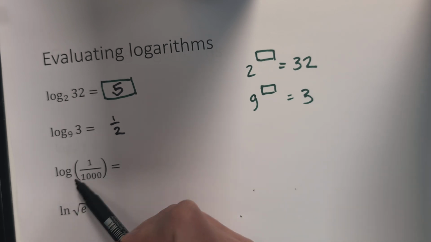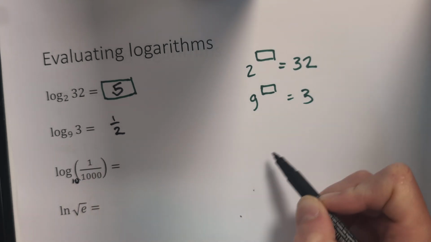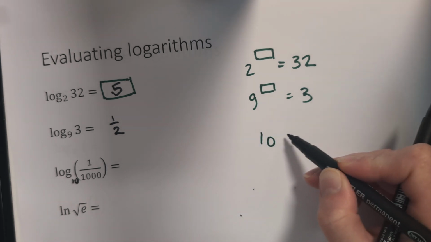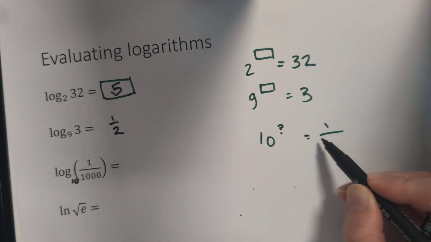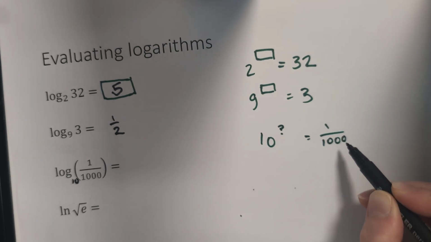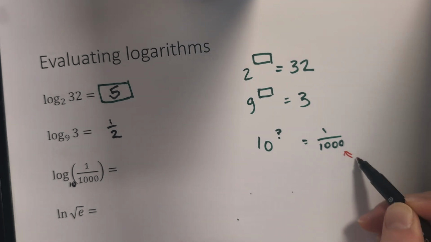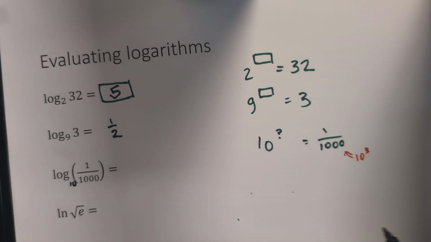Okay, log base 10. Remember, this is an invisible base 10. If I were to want to write this out, you can. You maybe don't have to. 10 to the what is 1 over 1,000. Remember that this 1,000 is 10 to the 3rd. And to flip it, to create the reciprocal, it's a negative.